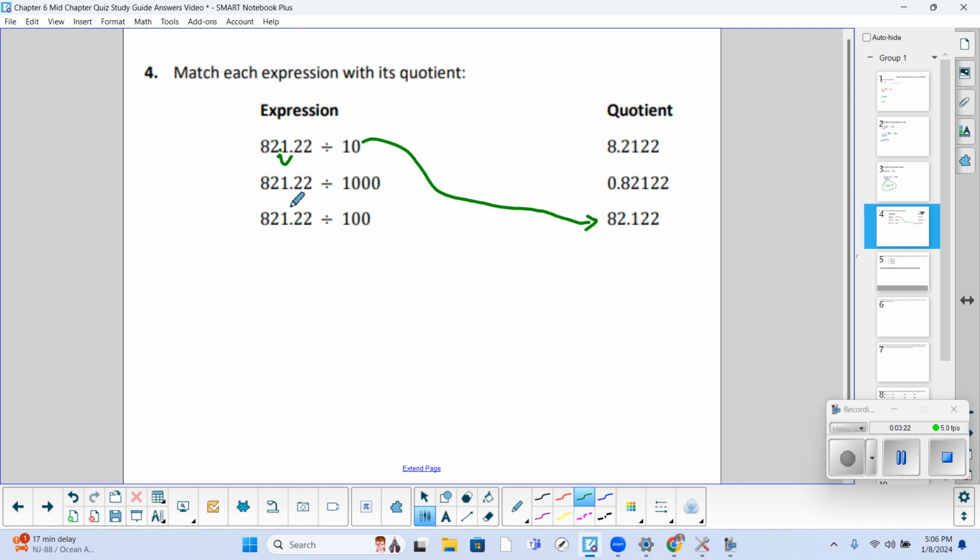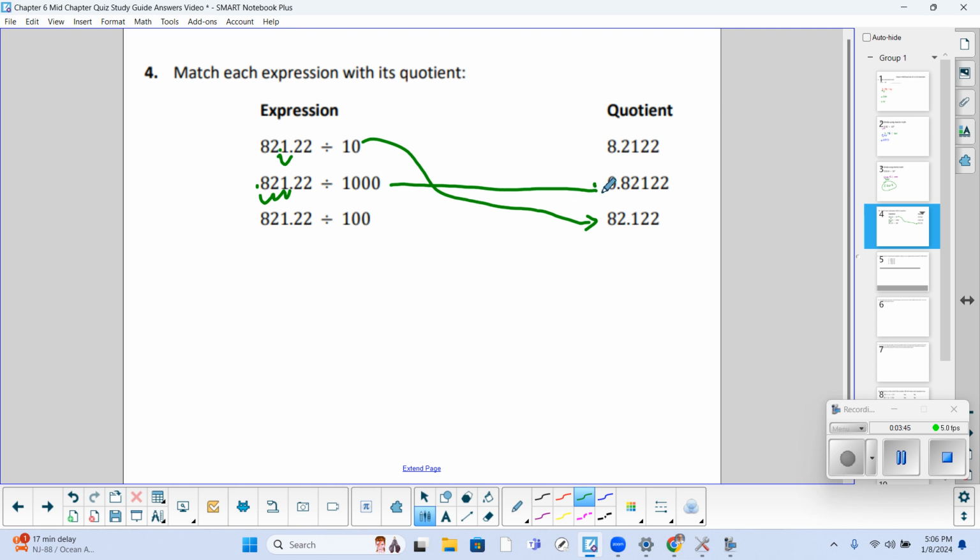This one divided by 1,000. 821.22 divided by 1,000. That means 1, 2, 3 decimal places. Right? 1, 2, 3 decimal places. So the decimal will go there. So 0.82122.